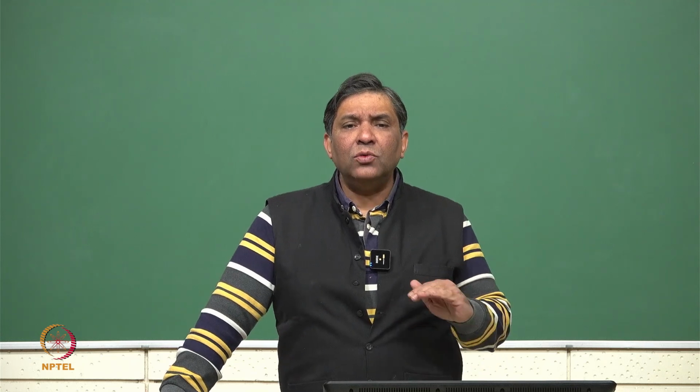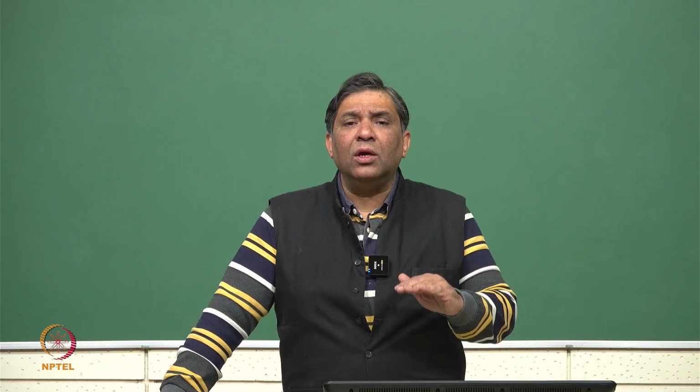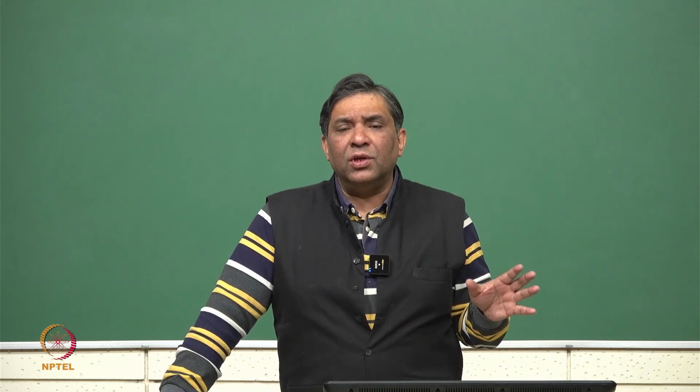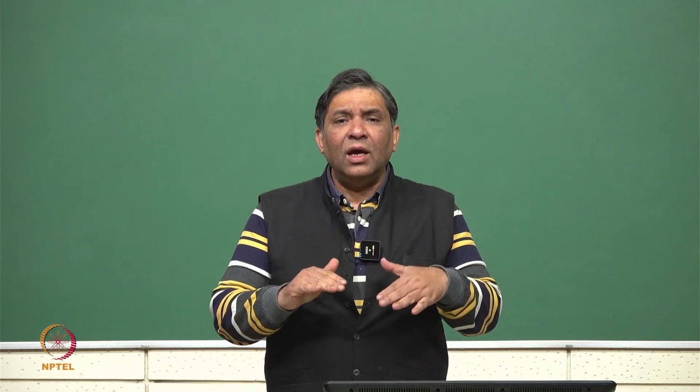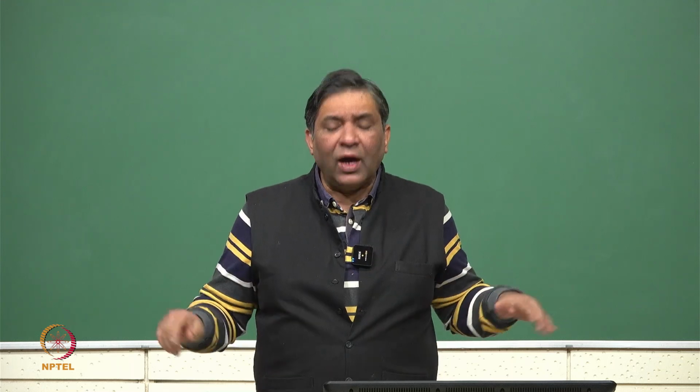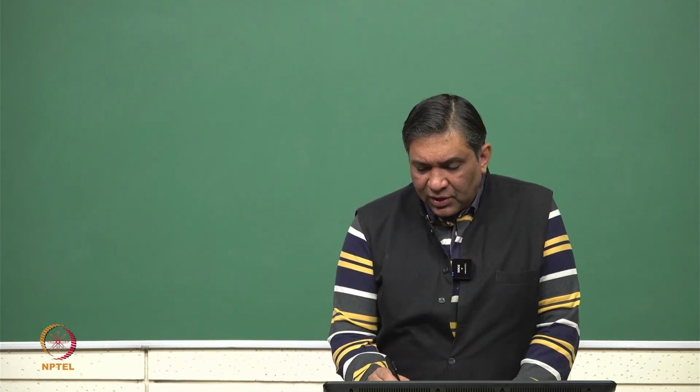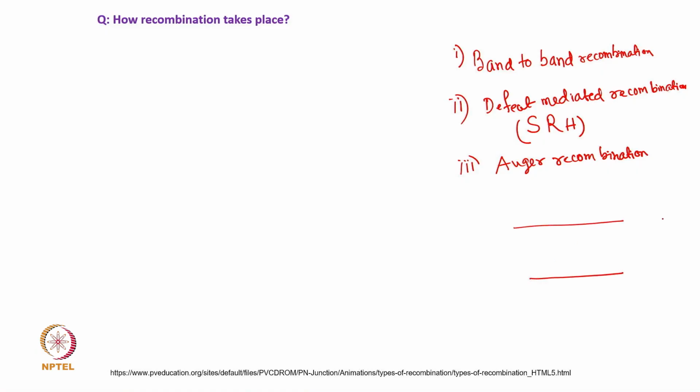So what we are doing, intentionally or unintentionally, is creating some defect levels inside the band gap. So this is the conduction band and this is the valence band, and then we produce some kind of defect level.